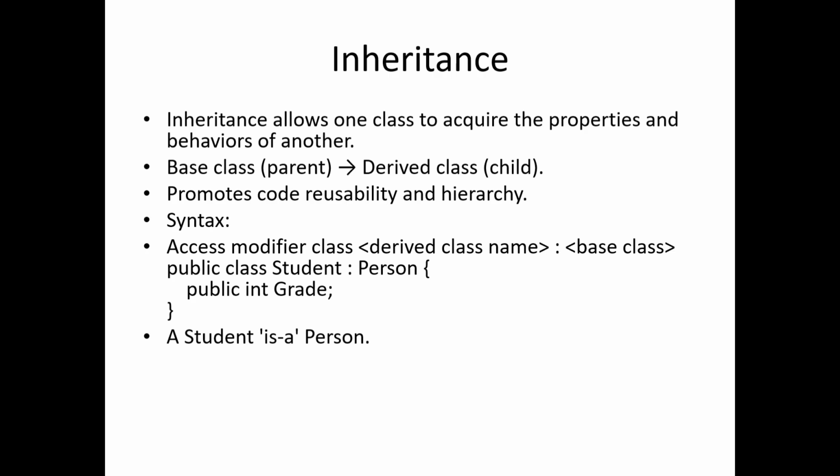We use inheritance where we know that there are some classes which have some attributes or methods in common, and they do have some special or uncommon attributes or methods.